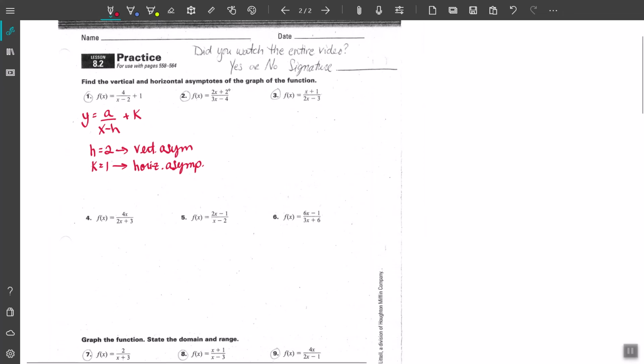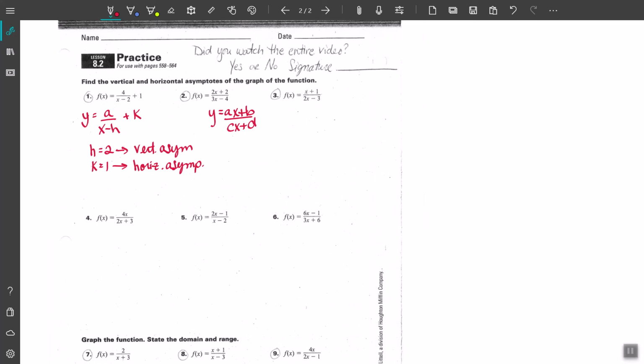On number 2, we can see we have a full binomial in the top and in the bottom. So that lines up with our form 3, the one that looks like ax plus b over cx plus d.